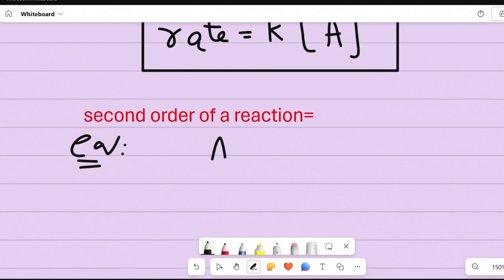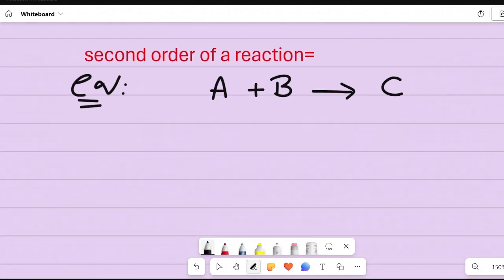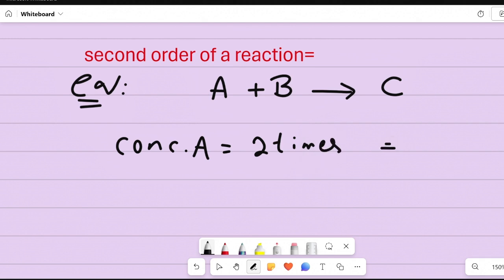Let's say we have an equation A plus B and they give you a product C. You are doing an experiment in the lab and you find out that if you increase the concentration of A by 2 times, the rate increases by 4 times.